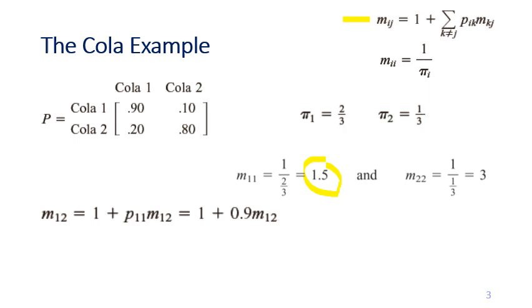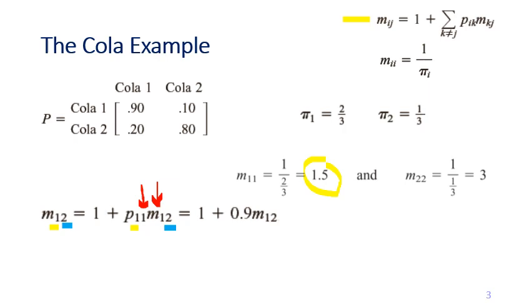So M12, where 1 is I and 2 is J, equals 1 plus the sigma of PIK MKJ, but K must not equal J. Okay, so our J is 2, and this is our I. You need to list all the other states that are not J. In this case, because we only have two states, the only state that is not state 2 is state 1. So here you have P11 times M12.